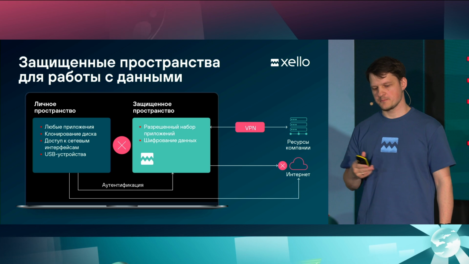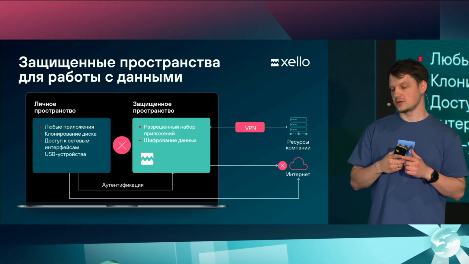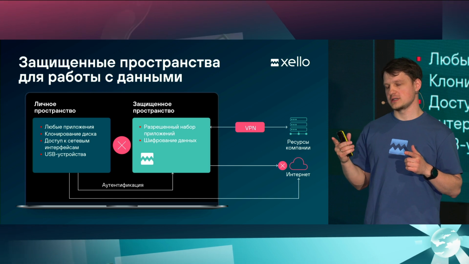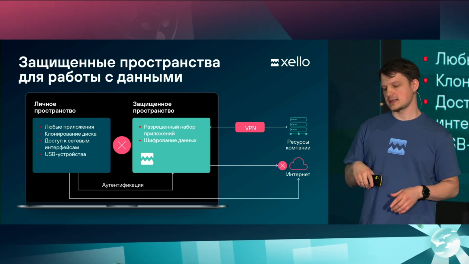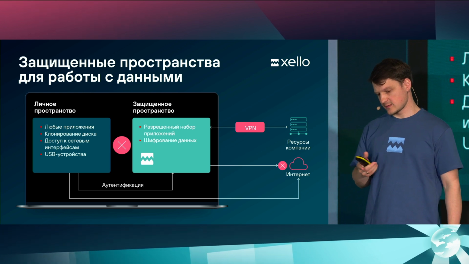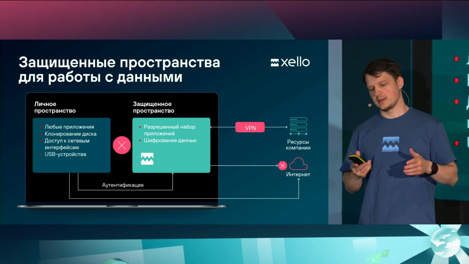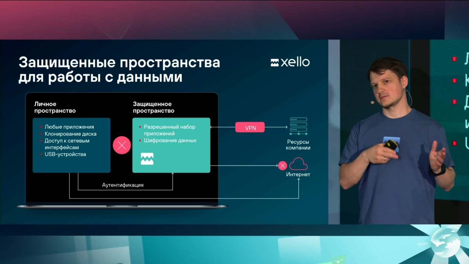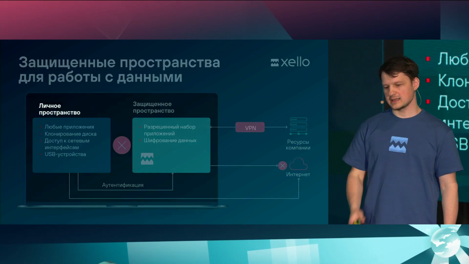So we have a set of authorized applications, and from this environment there is access through VPN to internal resources of the company. Everything which is done in this environment will stay there, without the opportunity to move data elsewhere.